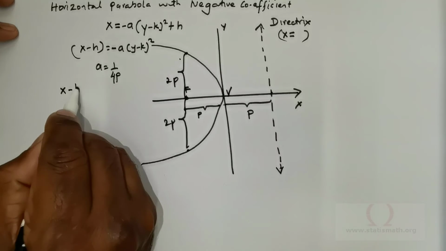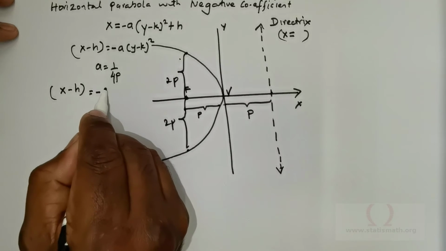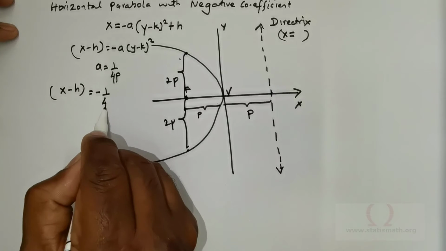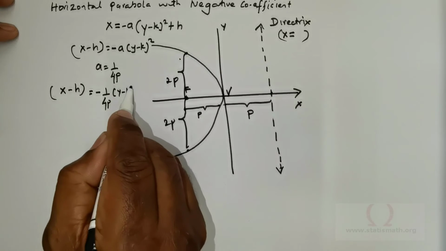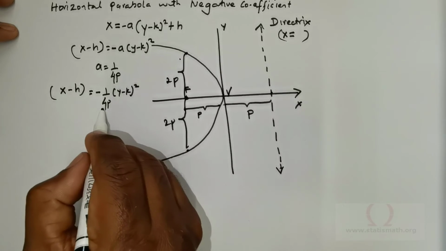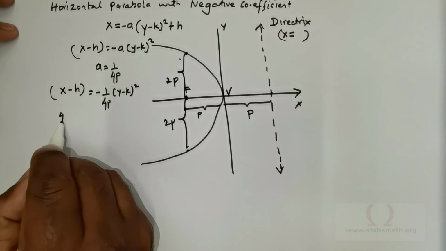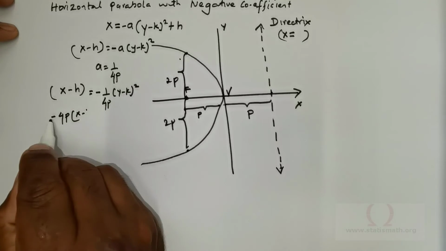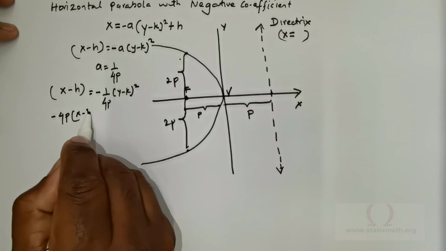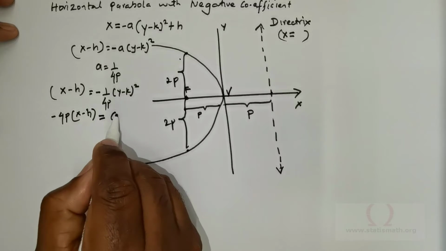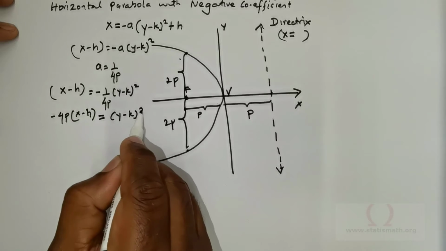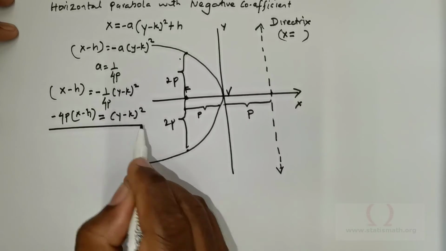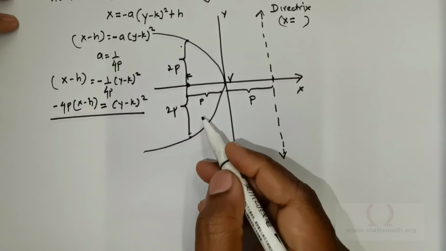So this is going to be x minus h is equal to negative 1 over 4p times (y minus k) raised to the power 2. I can move this 4p to the other side, carrying the negative sign with me, and that's going to be negative 4p times (x minus h) is equal to (y minus k) raised to the power 2. So this is the form of this parabola.